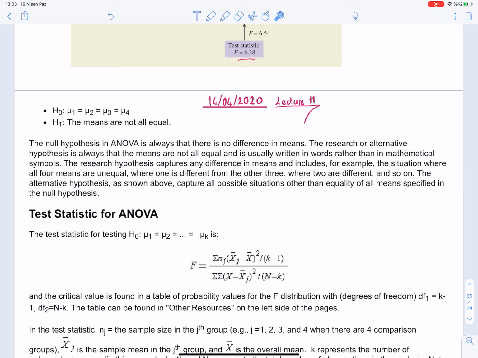That's how you construct the null hypothesis. And the alternative hypothesis, which is different from the previous lecture, is more or less the way I am teaching it: at least one is not equal, will be different. That's what it means. So it is different from the alternative hypothesis constructed in the previous lecture.